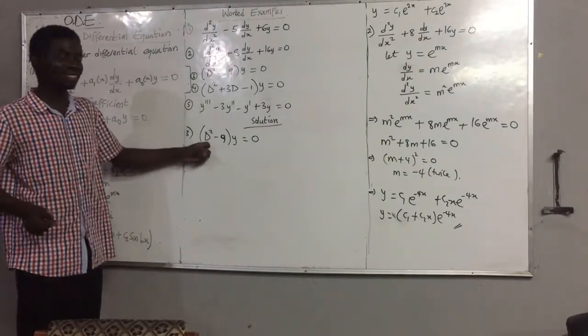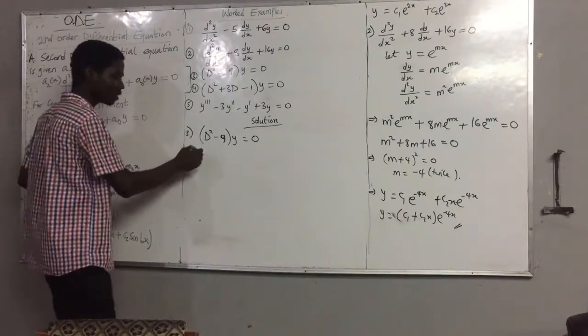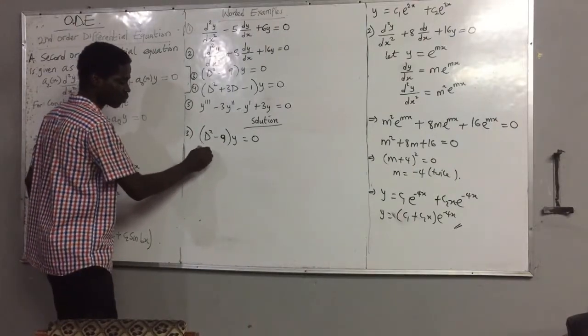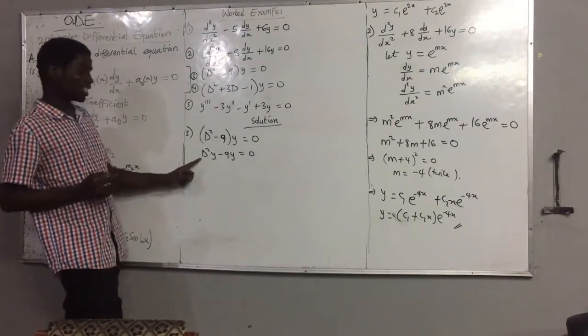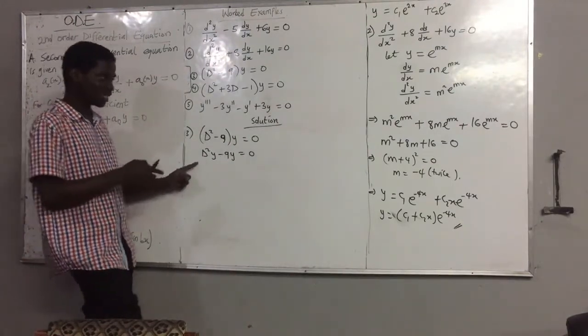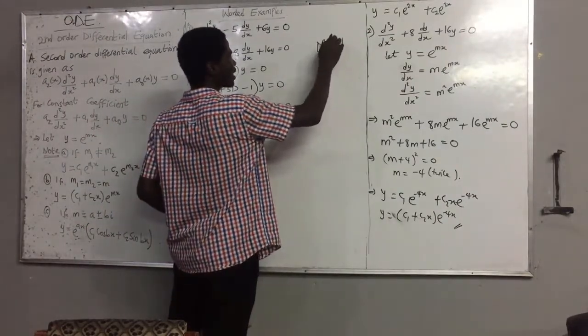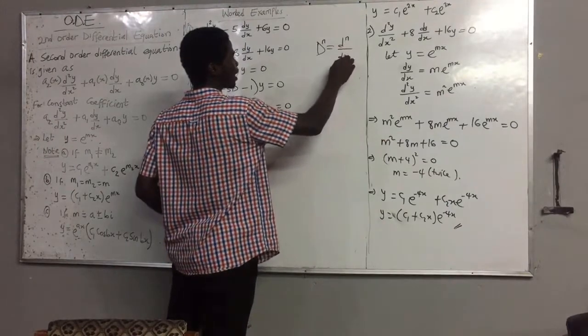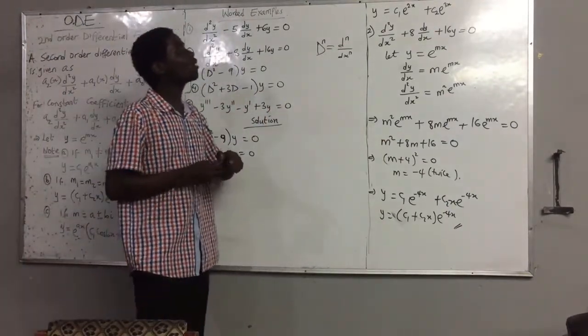This one means they have differentiated the second time. If I open the bracket, this is D squared y minus 9y equals 0. This capital D represents, if they write D^n, it means d^n over dx^n. So if you put y there, it means d^n y over dx^n.